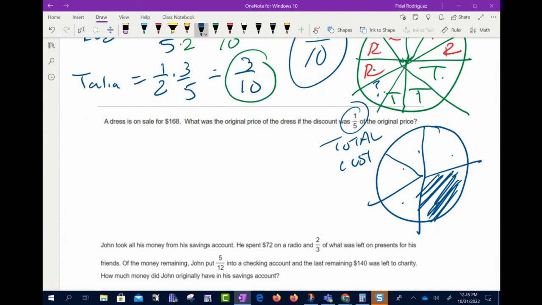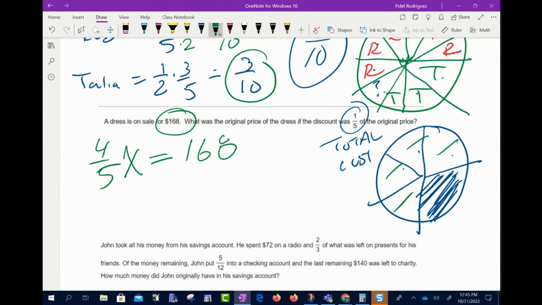How many pieces do I still have left though? If we took away 1 out of the 5, how many do we still have left? We still got 4 of them, right? So 4/5 of the original price is what my sale price is, $168, right? I'm still left with 4/5.